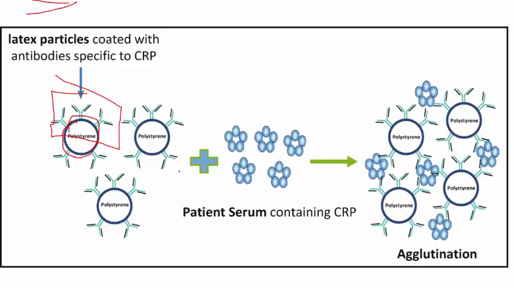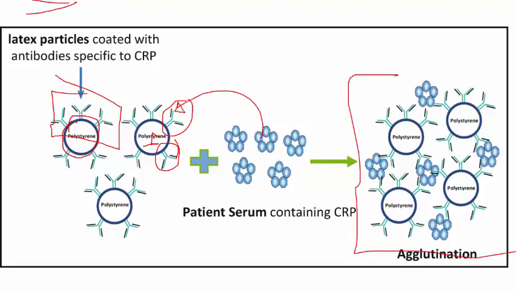It is attached to the latex beads, so that on a single latex bead multiple antibodies are bound. These antibodies, when they react with the antigen, will form a clump, and this is called latex agglutination.